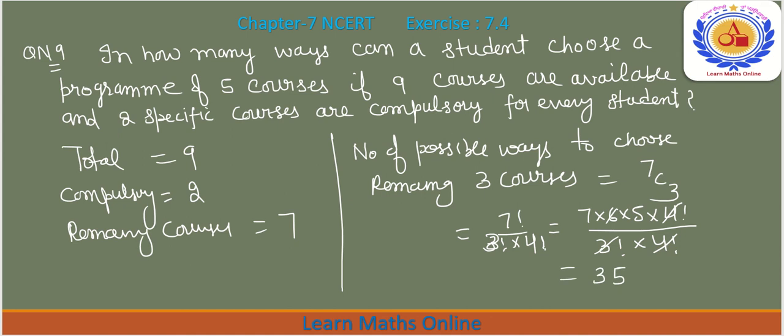So in 35 ways a student can choose 3 courses, because total he or she has to choose 5 courses, because 2 specific courses are compulsory. So in other ways we can say that 5 courses can be chosen in 35 ways.